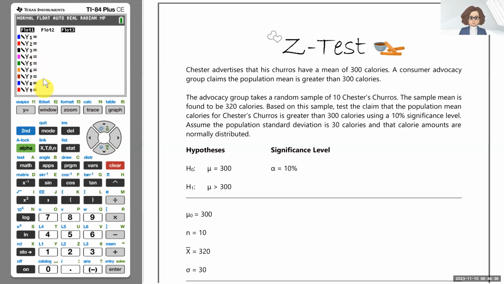And then importantly, up top here are plots. You want them all turned off. Plot 2 is already off. Let me go up and turn plot 1 off. I get my cursor blinking on top of it, hit enter to toggle it to off, and then do that again for plot 3.